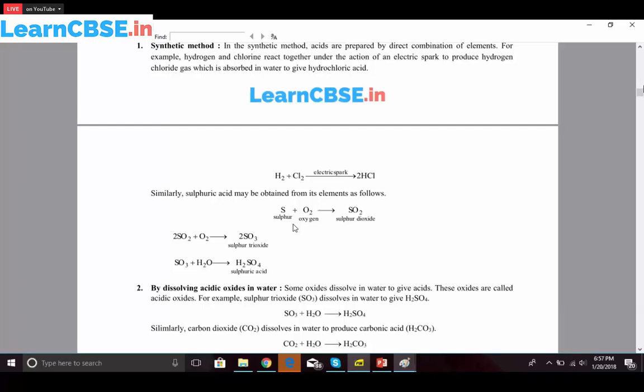We can remove the sulfur content and burn it in the presence of oxygen, so we get sulfur dioxide. Then the sulfur dioxide reacts again with O2 to give sulfur trioxide. Then the sulfur trioxide reacts with water, and we get sulfuric acid.